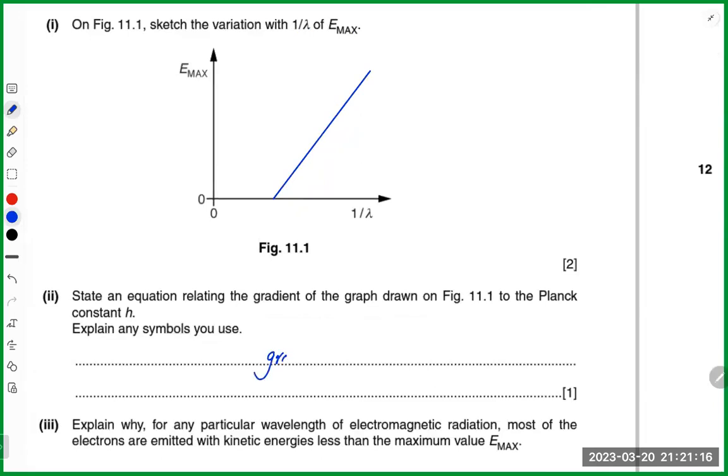Yes. Gradient equals Planck constant multiplied by speed of light. If the graph is Emax and 1 over lambda, then the gradient will be Planck constant multiplied by speed of light. If it would be Emax and f, in that case, gradient would be Planck constant.